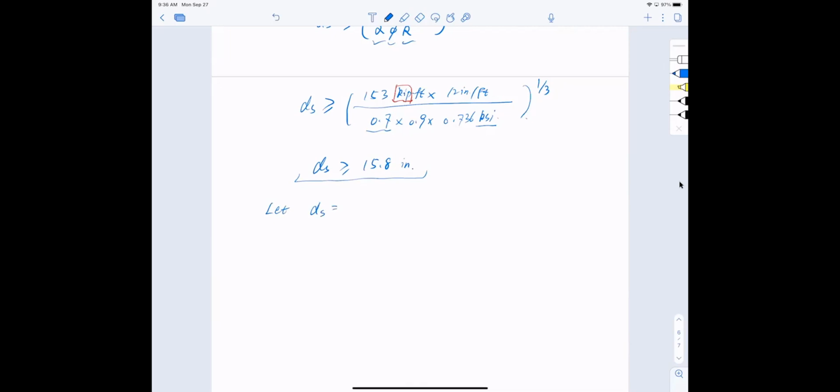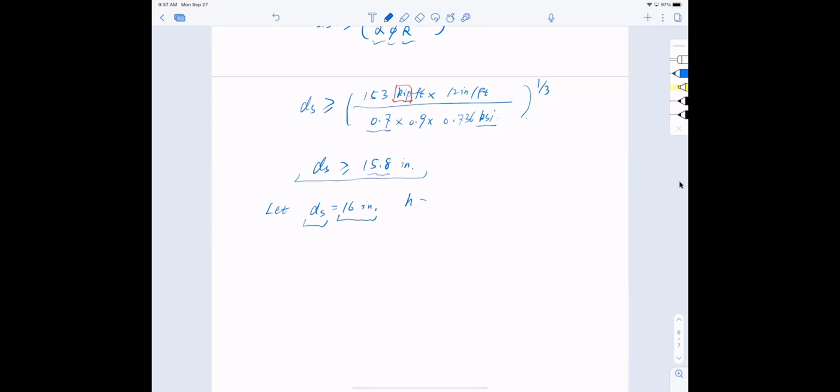Now, ds right now is 15.8, but I'm going to choose a different number again. Why is that? I want a ds that has to be greater than 15.8. But 15.8 is a strange number, so the next I would go to is 16 inches. Now, if I do 16 inches, I need to think about the reinforcement I have.